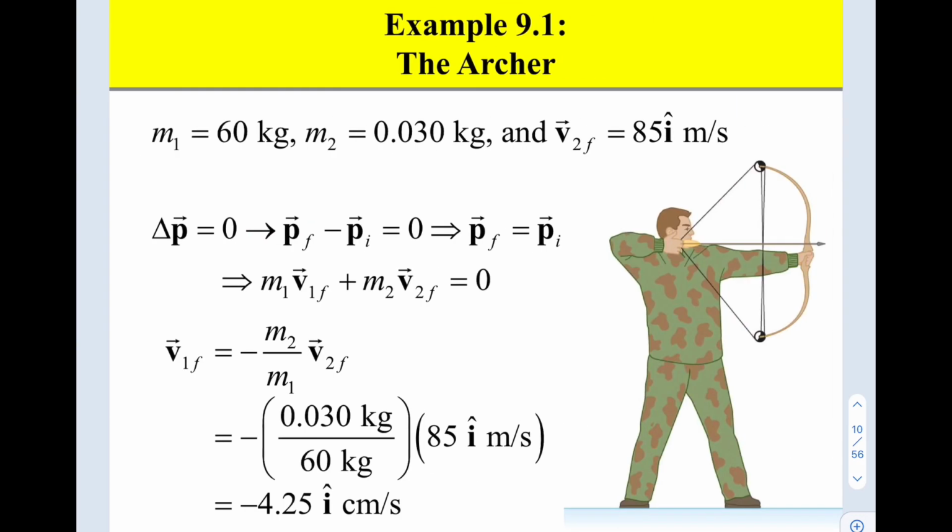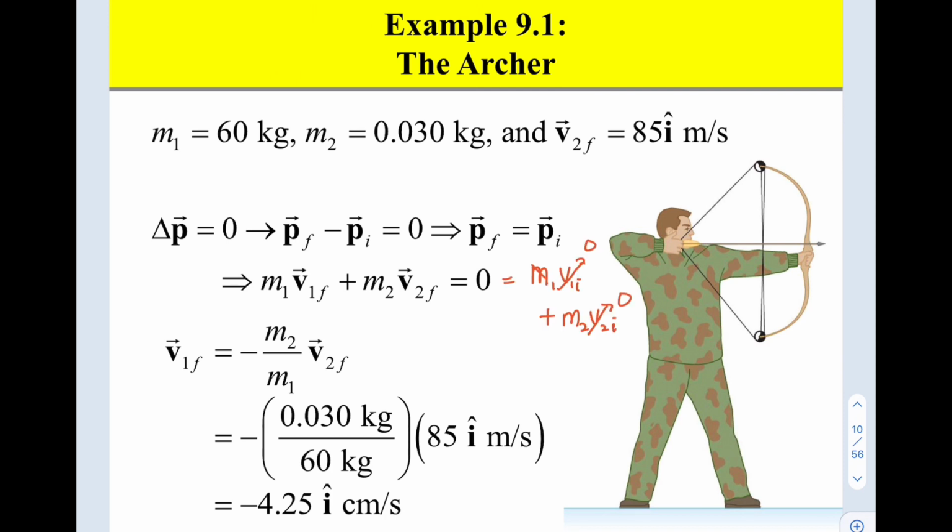So this is the information that we have. The velocity of the arrow is 85. Initially it is at rest in terms of the x direction. Based on conservation of momentum, delta p total must be 0, where p final equals p initial. Initially the archer and the arrow are both at rest.